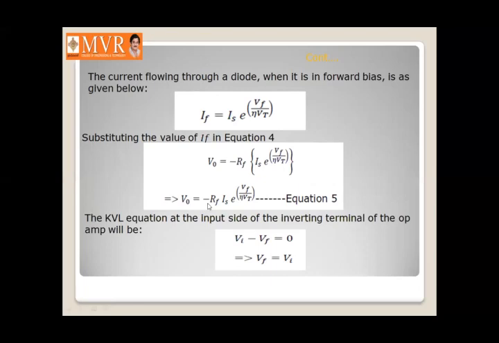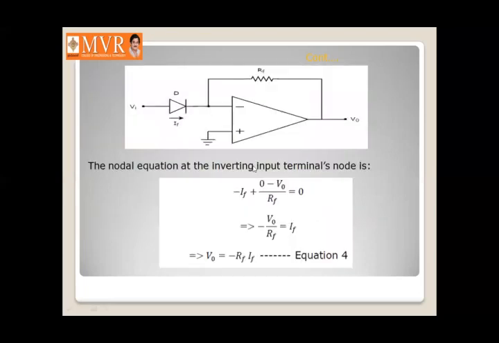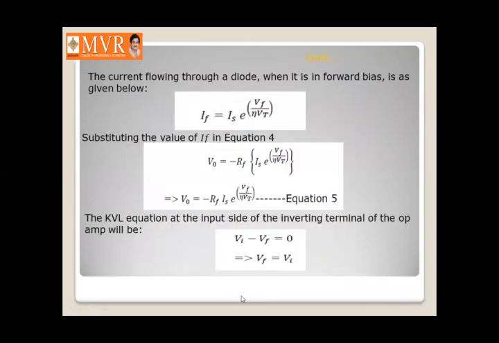Now we write the Kirchhoff voltage law at the input side of the inverting terminal of the op amp. Vi minus the voltage drop across the diode, which is the forward voltage Vf, is equal to 0.